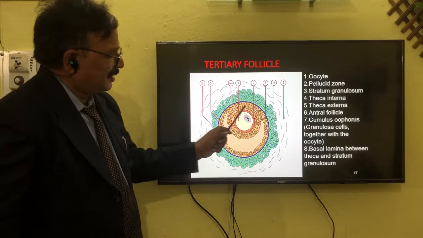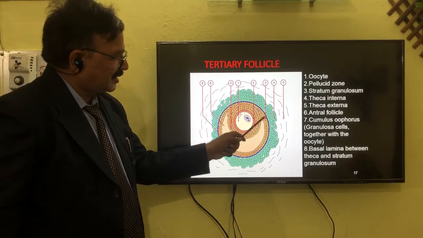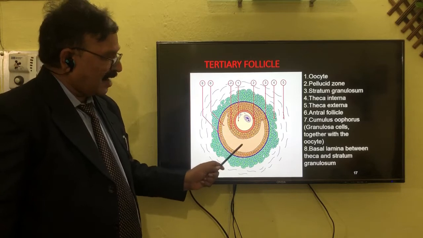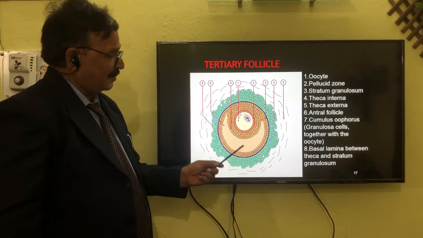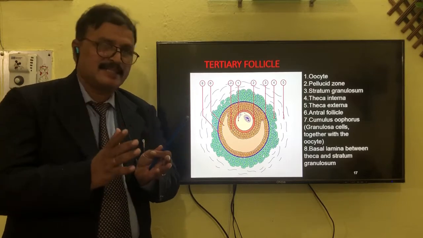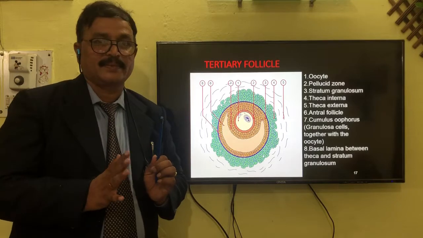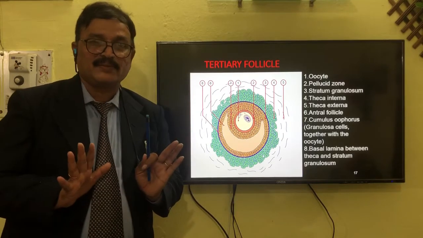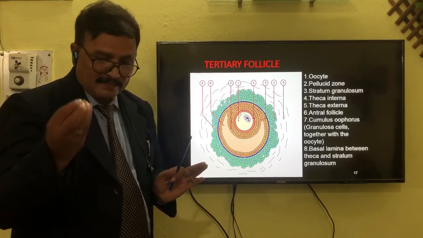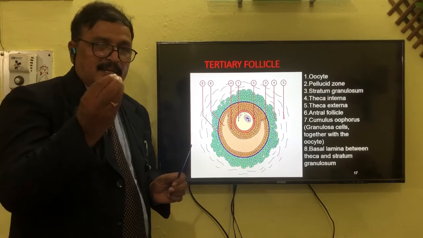This is a basal lamina, and these are all granulosa cells. This is a cavity, fluid-filled cavity antrum. This is a cumulus oophorus, a cluster of cells which attach secondary oocyte to the follicle. Now it's a tertiary follicle. After some time, under the influence of a luteinizing hormone, it ruptures.